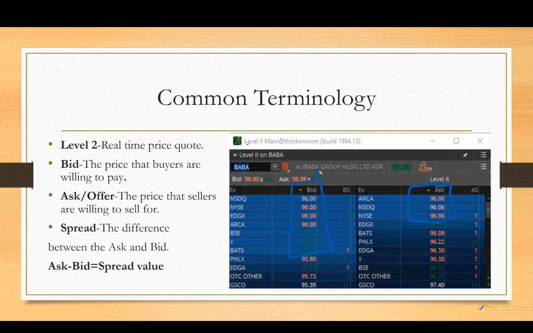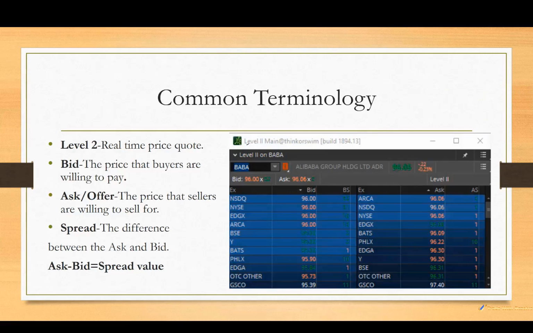So all you do is take the difference. $96.06 minus $96, there's a difference of 6 cents. So there is a spread of 6 cents. So the spread on Alibaba is currently 0.06.